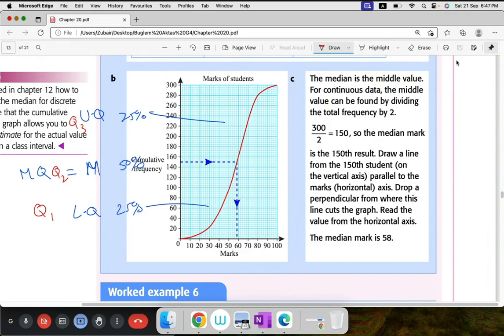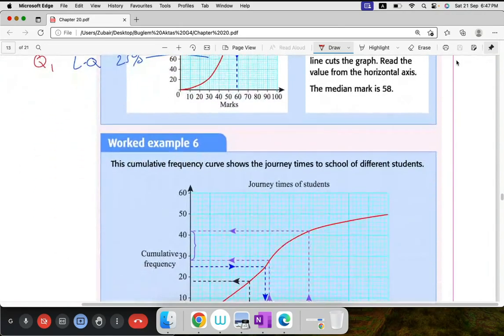They do not have any correlation between them. So in this case, the lower quartile is 25%. So 25% of 300 is 75. So I would go on the y-axis at 75, draw a horizontal line to where it touches the curve, come down to the x-axis and find the value. Same goes for the upper quartile.